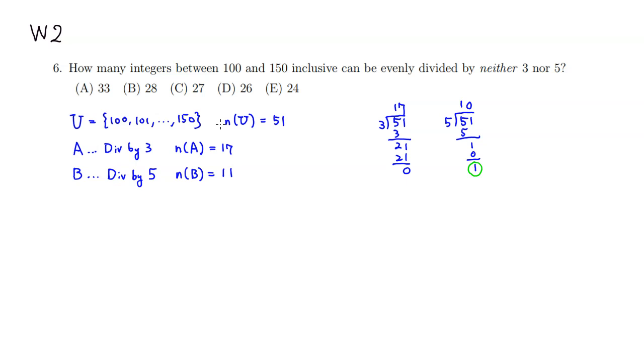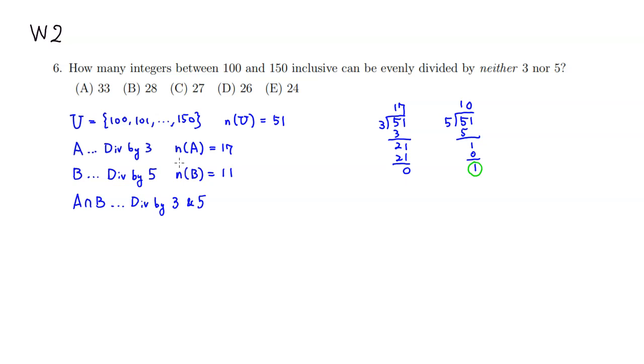All right, then we want to find A intersect B. If you do A intersect B, we are counting some of them twice, for A and B. So this is going to be divisible by 3 and 5, right?